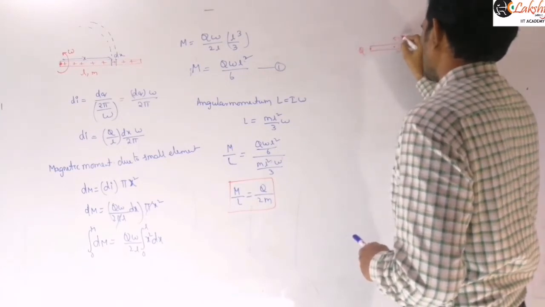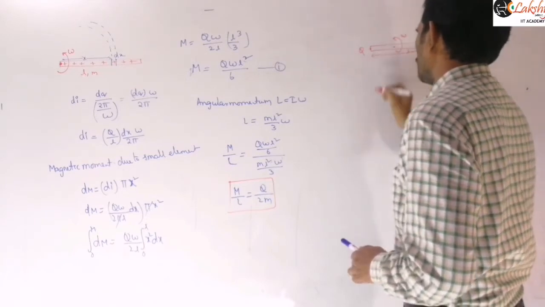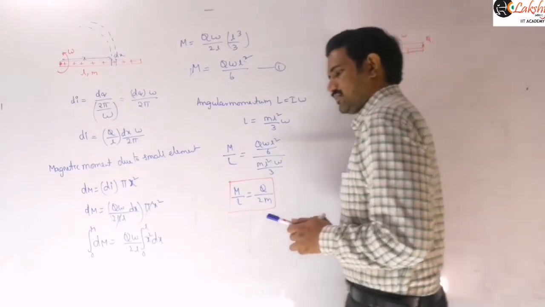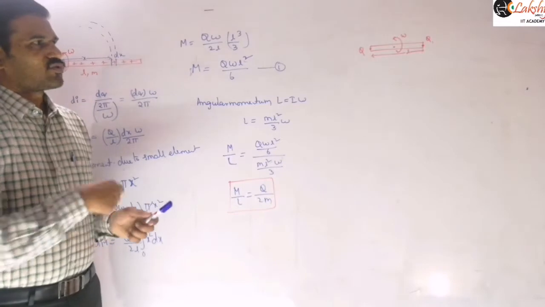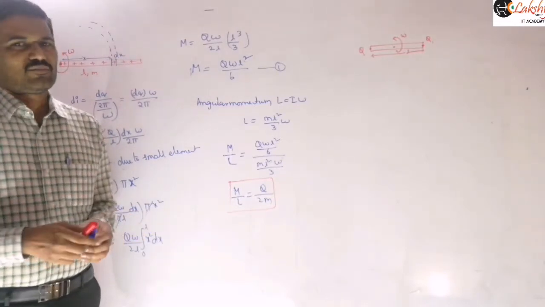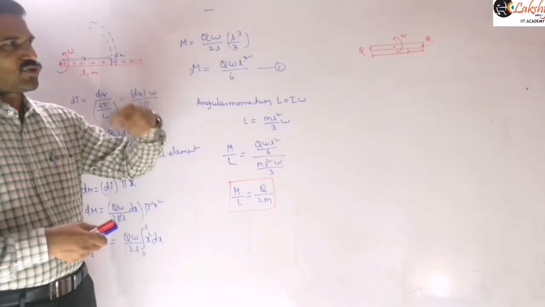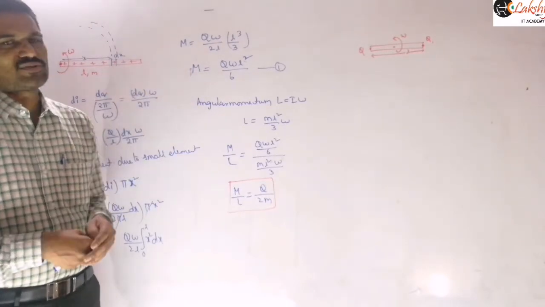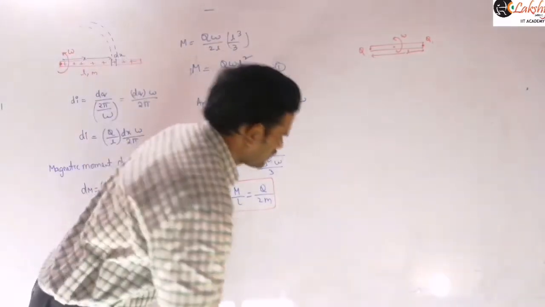Now it is rotated with angular velocity omega here. The total length is L. Now find the ratio of magnetic moment to angular momentum, or let us calculate the magnetic moment of that system. The 2 point charges are fixed on this rod and rotating. Now we need to calculate the magnetic moment of that system.